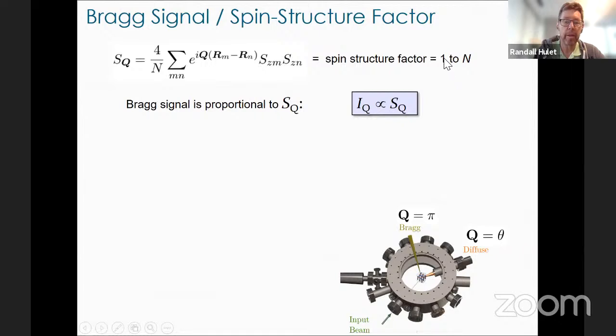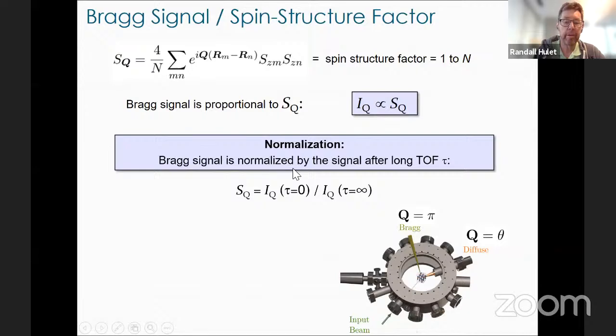If it's completely coherent, then S(Q) will be equal to N, the number of atoms in the system. So it turns out that the Bragg signal is directly proportional to this spin structure factor. So by measuring the intensity of the coherently scattered light, we can measure directly what the spin structure factor is, and that tells us about the degree of ordering in the system.